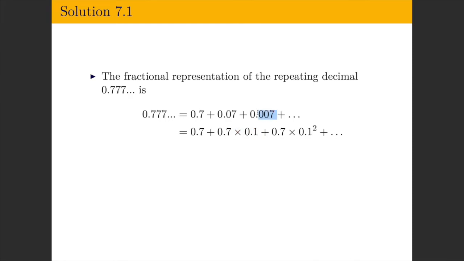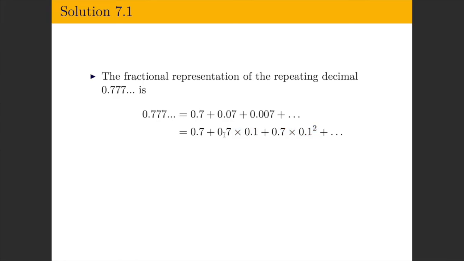We can rewrite the 0.007 as 0.7 times 0.1 squared, and so on and so forth for each successive term afterwards. And you'll notice now that this is exactly the sum of an infinite geometric sequence.